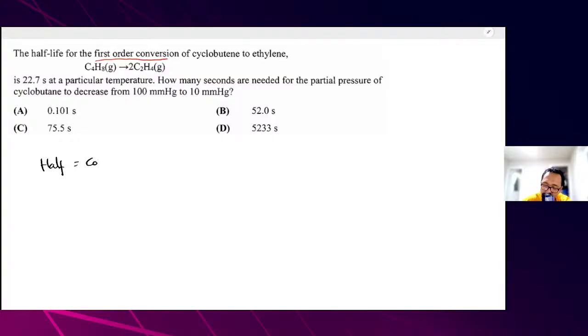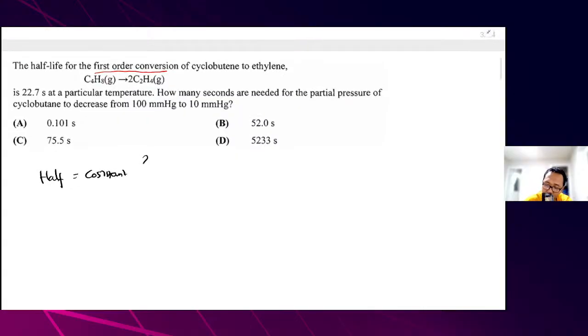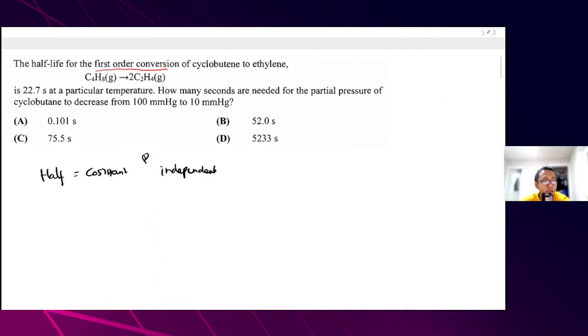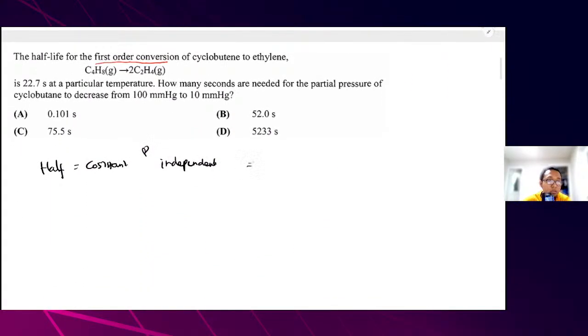Half-life is constant, okay, and independent. So the equation will be what?